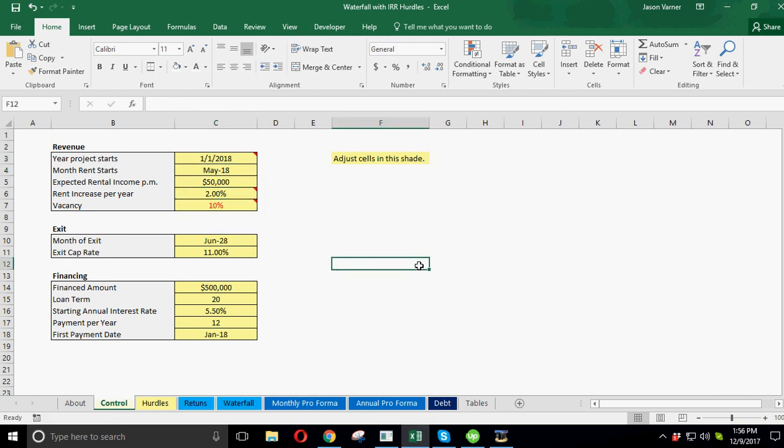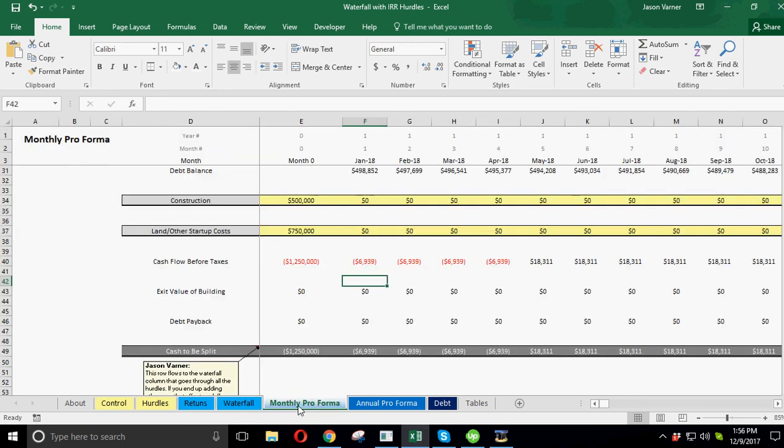All right, that's all I got for you. This is the waterfall model with internal rate of return hurdles, and it's based on a real estate pro forma. Oh, and also you can use this model with any of the financial models at smarthelping.com.